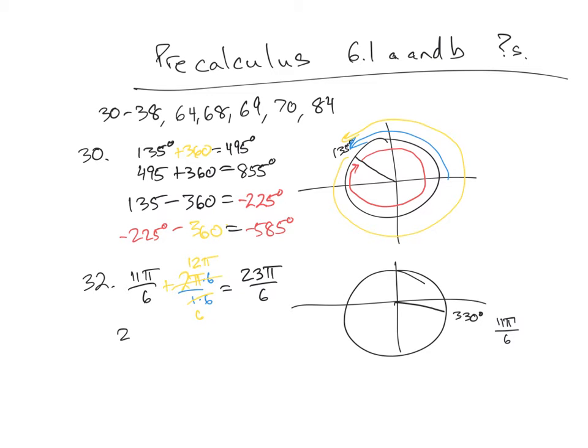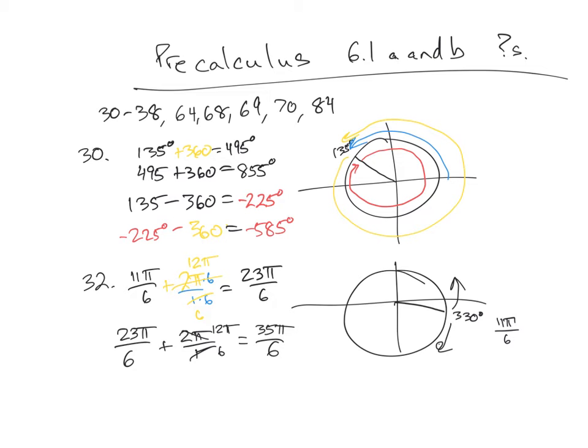And then again, you need to take that value and add another 2 pi to it. And we already know what that is. That's 12 pi over 6. And we add that together and you get 35 pi over 6. So those are your positive values going around in a positive direction.